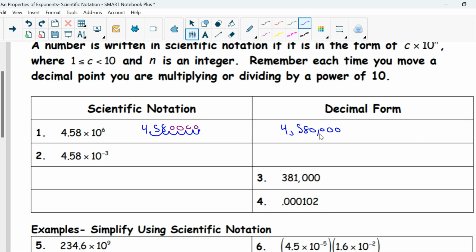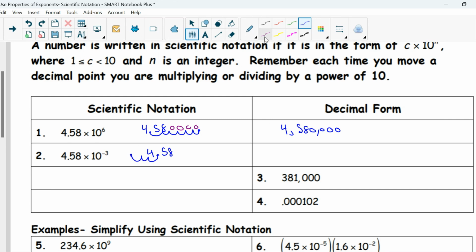Okay? Sometimes you have to multiply your c value by a negative exponent. So in this case, if I have 4.58 and I'm multiplying it by 10 to the negative 3rd power, this would be like dividing by a power of 10. So I'd have to move my decimal point 3 places to the left. 1, 2, 3.